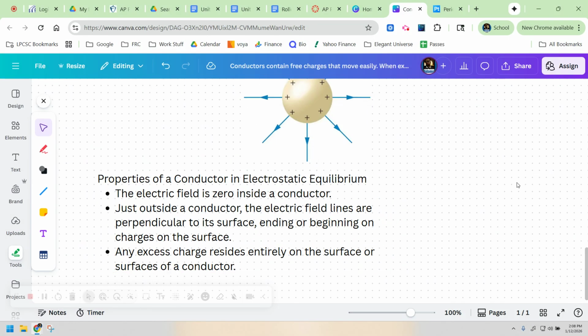The properties of a conductor in electrostatic equilibrium: the electric field is zero inside the conductor. Just outside the conductor, the electric field lines are perpendicular to its surface, ending or beginning on the charges on the surface. Any excess charges reside entirely on the surface or surfaces of the conductor.